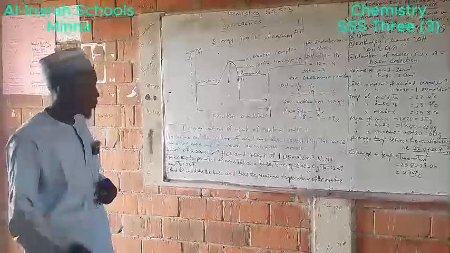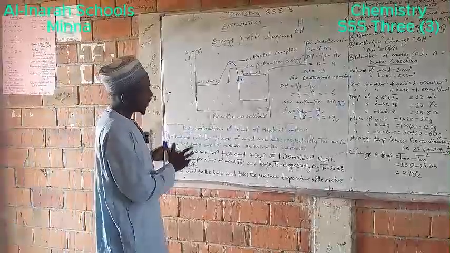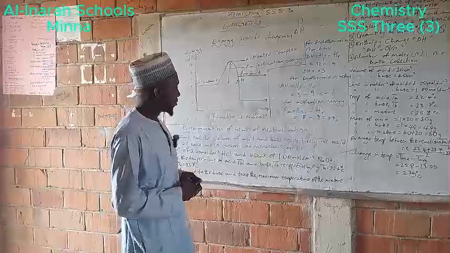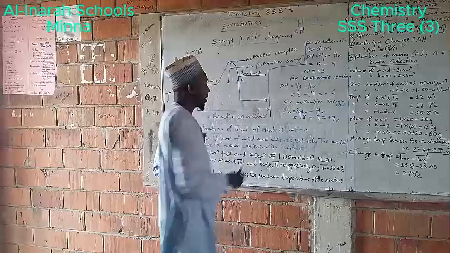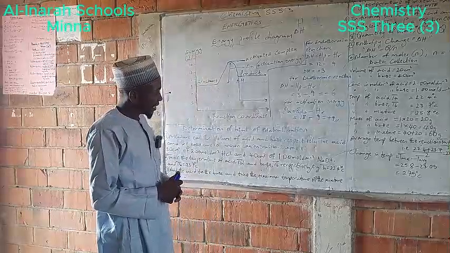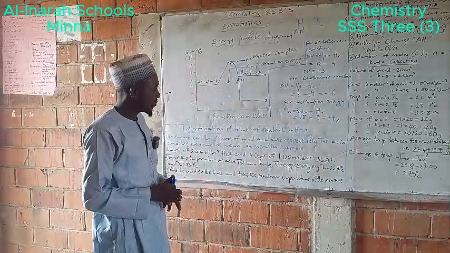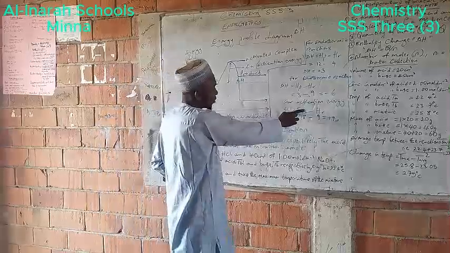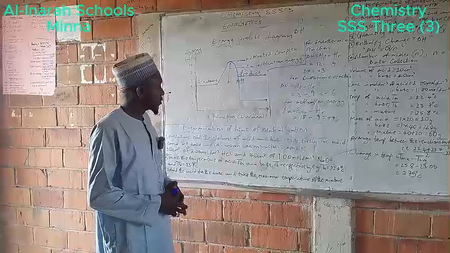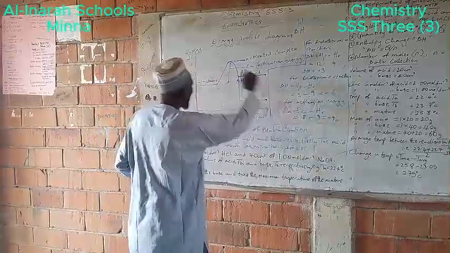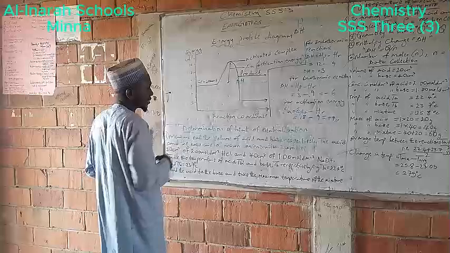The last part of this is how to determine the activation energy. In determining the activation energy, there is also a formula, and the formula is activated complex minus heat of reactant. When we say activated complex, we mean the peak of the reaction.